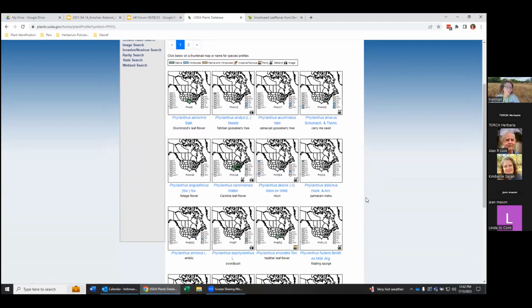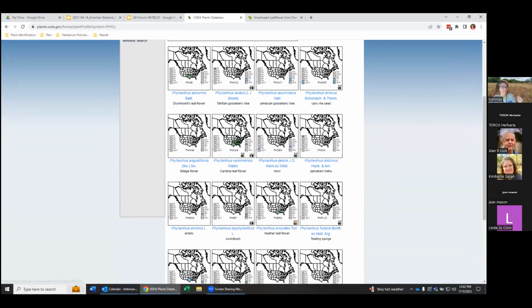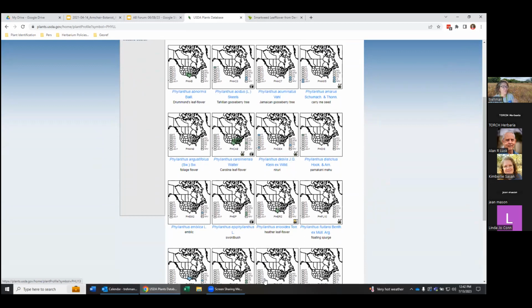This is really helpful because it lets me see which ones are reported from Texas and what the options are. The Illustrated Flora of North Central Texas was published in '99. USDA Plants is likely more up to date than the Flora in terms of distribution. Not for everything, it's probably spotty, but it's a place to go in and look.